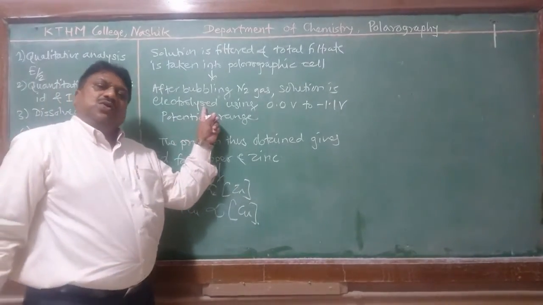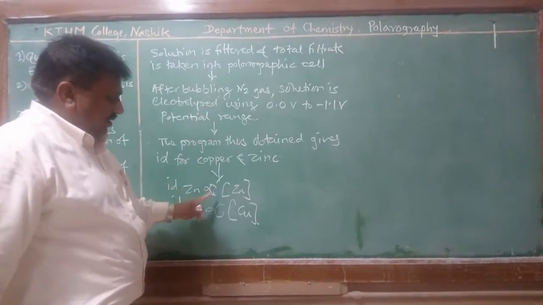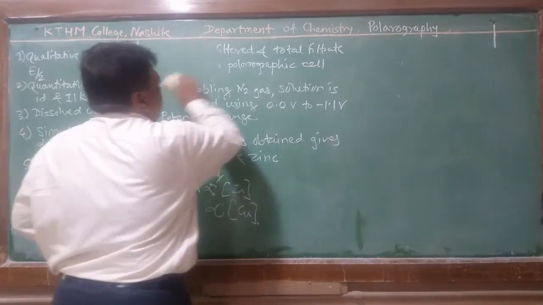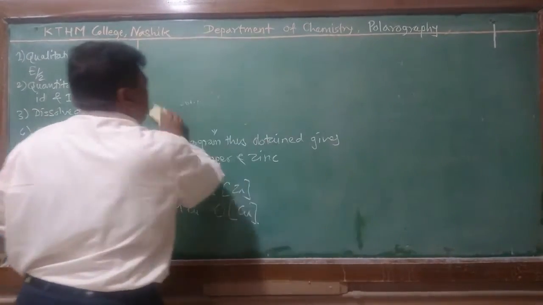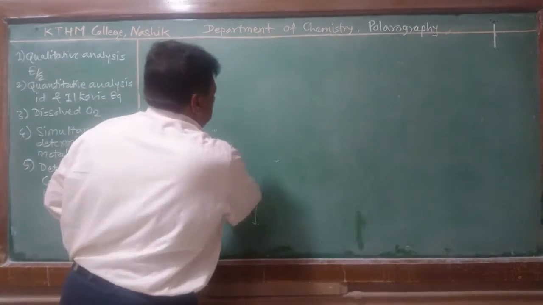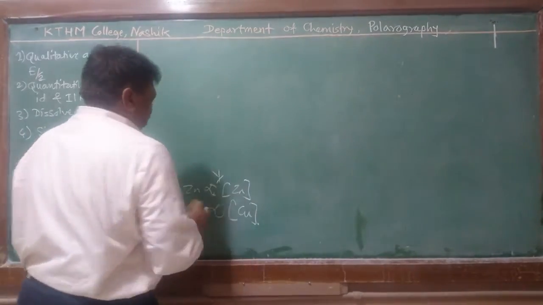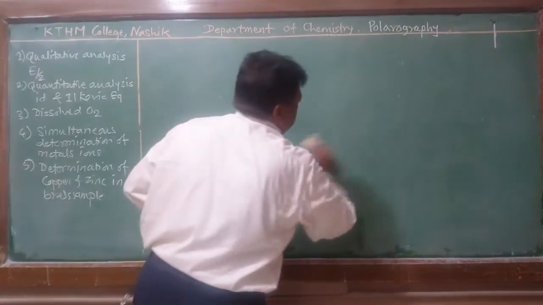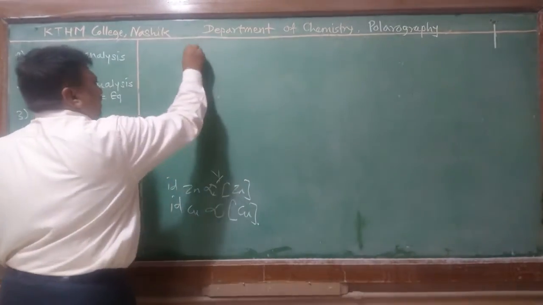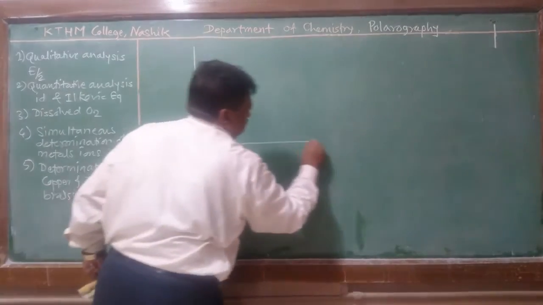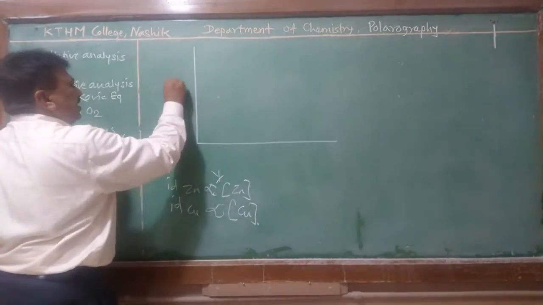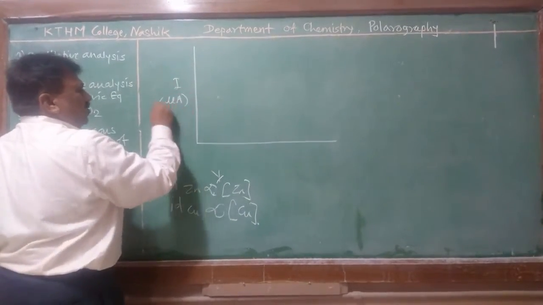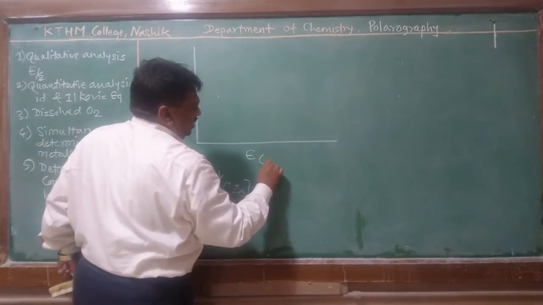Now here we have to discuss how this polarogram is obtained. The polarogram in this analysis consists of 3 stages of diffusion current. Here the polarogram is current in microampere versus EMF in millivolt.